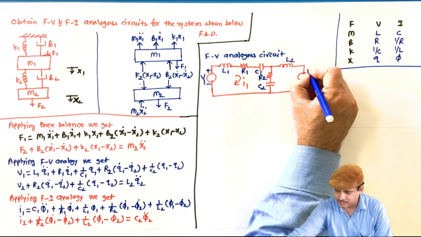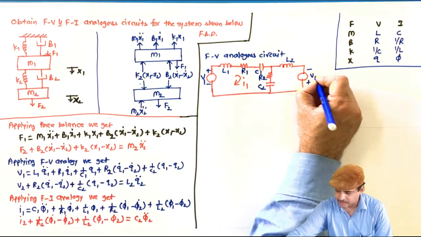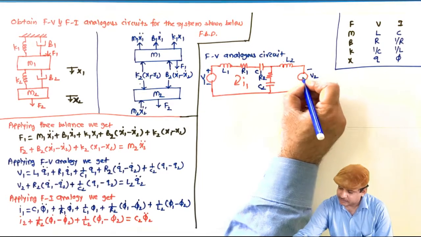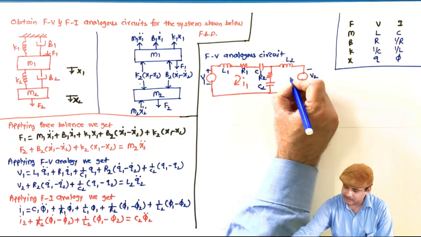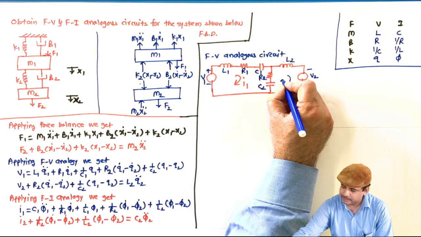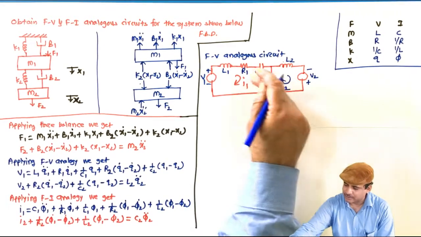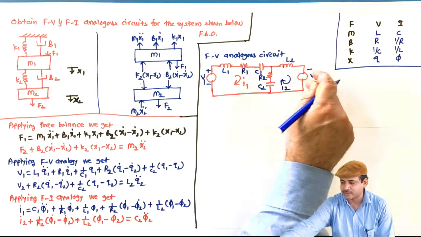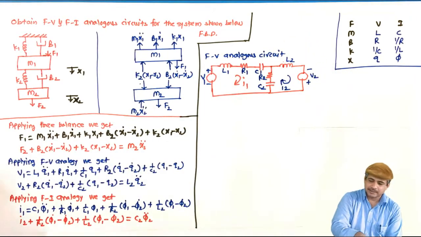But now here the sign will be minus plus, so the summation of 1, 2, 3 will be equal to these three. This is important. Then the current will be I2; because I1 is in this direction, I2 will be upward. So for I2 to be upward, this will be plus minus.